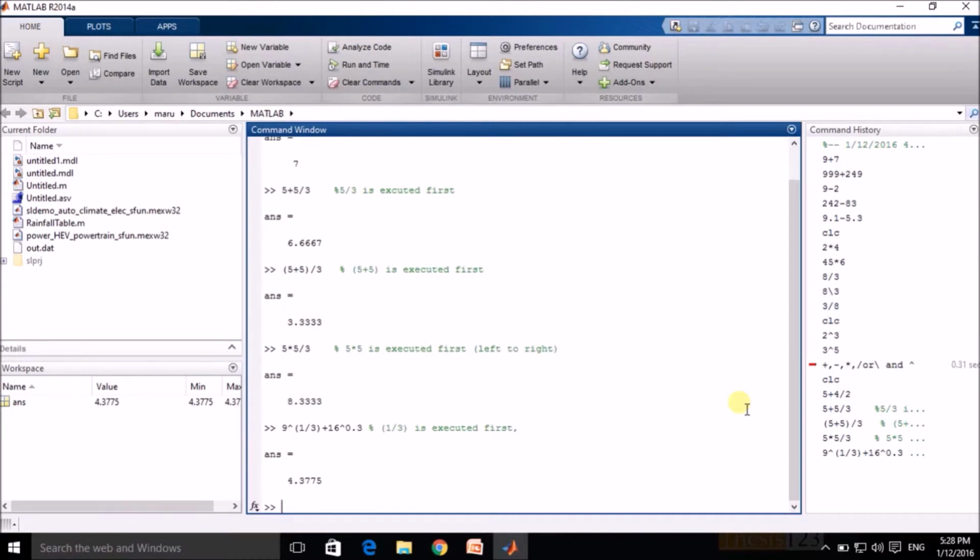Then for the second step, it will take the exponents.